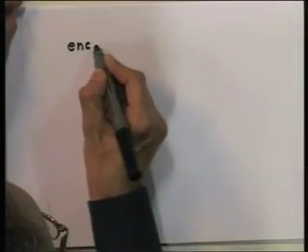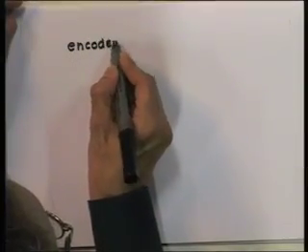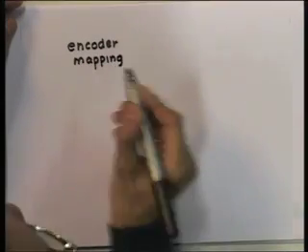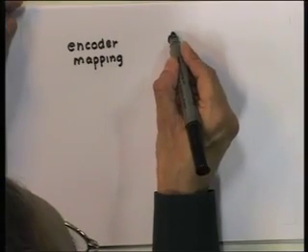In practice, the quantizer consists of two mappings: an encoder mapping and a decoder mapping.